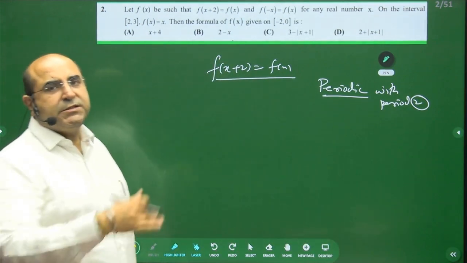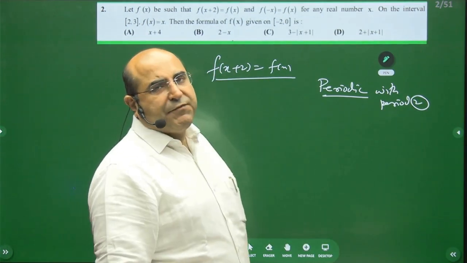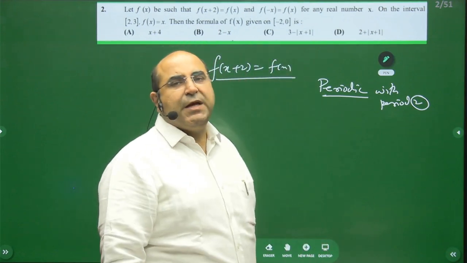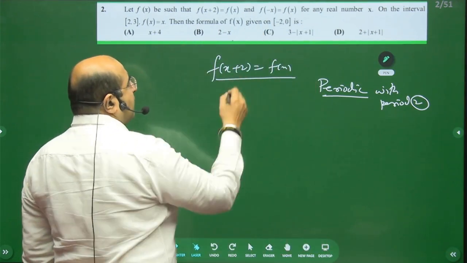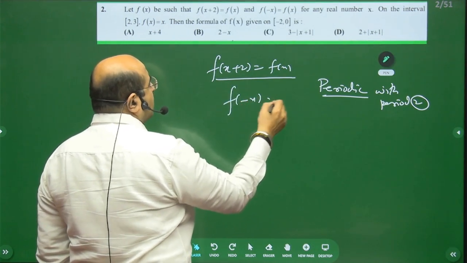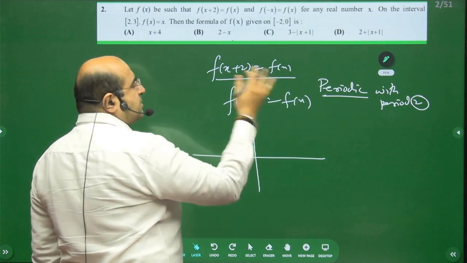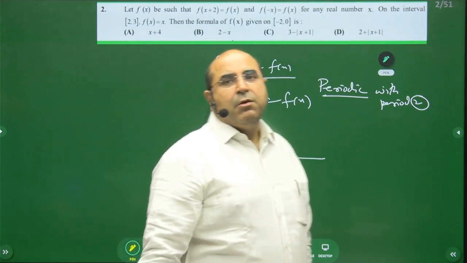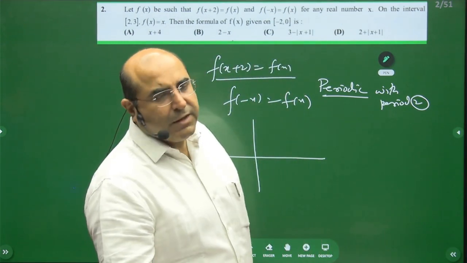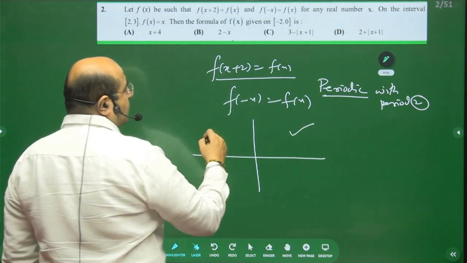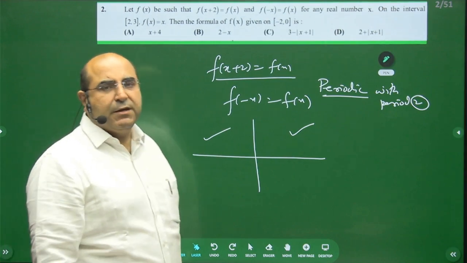Period 2 means that successively after an interval of 2 it repeats its pattern. It will give you the same value. I have one more thing: f of minus x equal to f of x makes it symmetric about the y-axis. Very good. So whatever comes over here should come over here also, the same pattern.